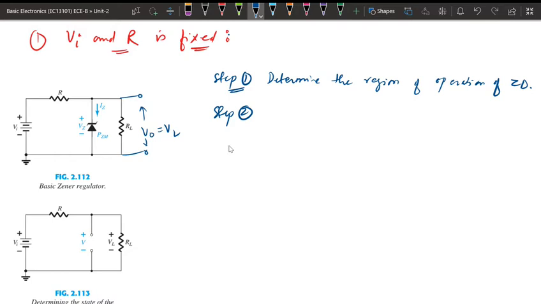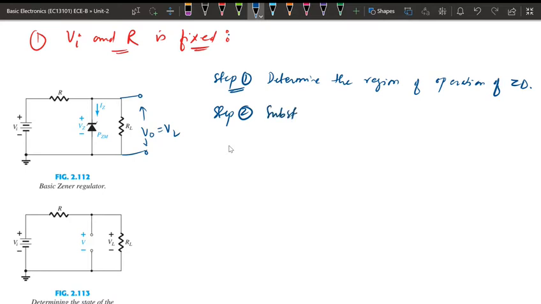If it is working in forward bias, we replace it with its forward bias equivalent circuit. If it is working in reverse bias, we replace it with its reverse bias equivalent circuit. And in the third case, if it is working in the breakdown region, we replace the Zener diode with its equivalent circuit, that is a constant voltage source. So once we know the region of operation, we need to substitute.